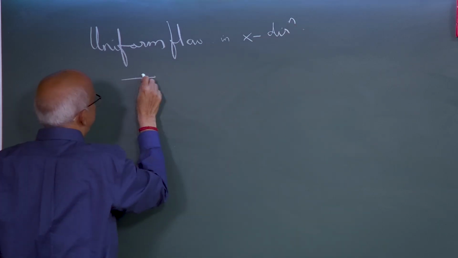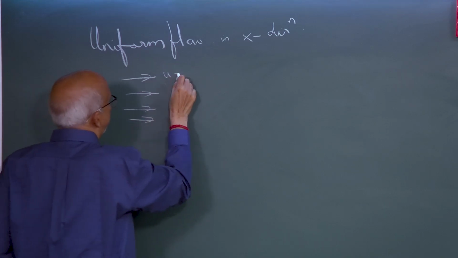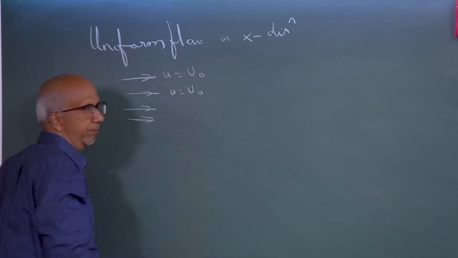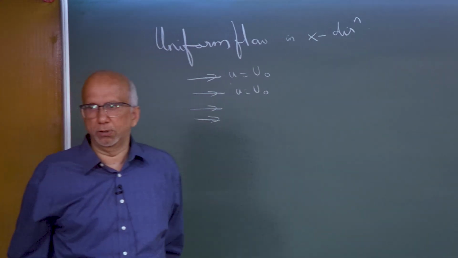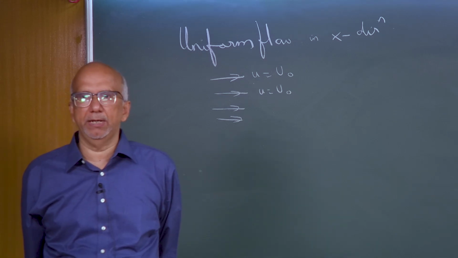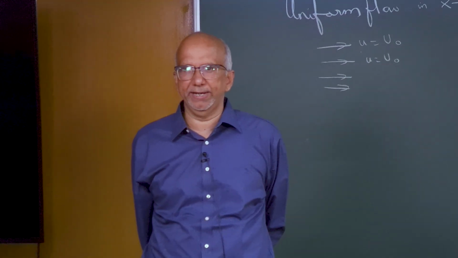What is the meaning of uniform flow? Velocity is u equal to u naught everywhere, okay. The velocity is u equal to u naught, and of course if u is equal to u naught, it does not change with x.